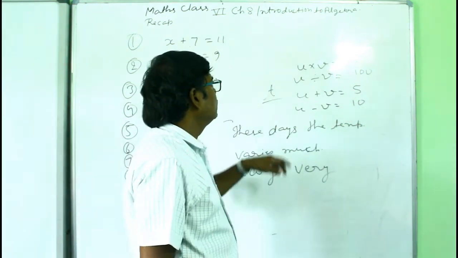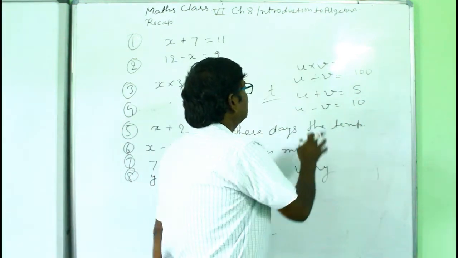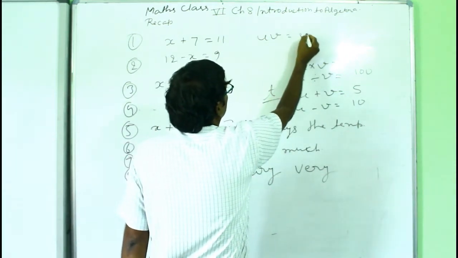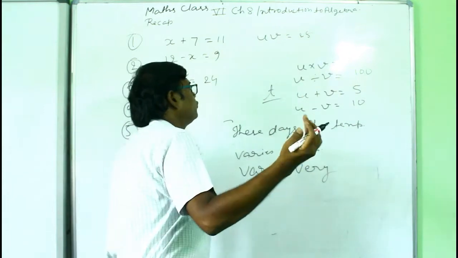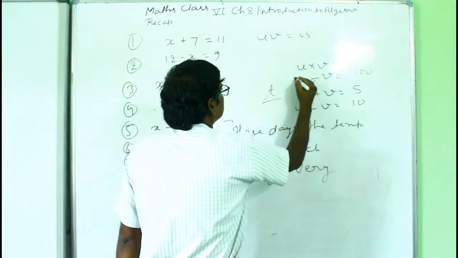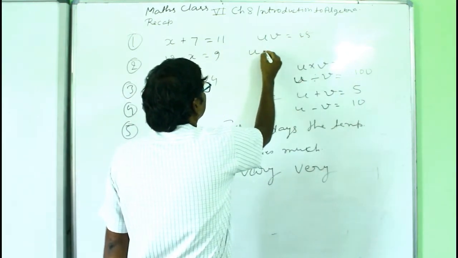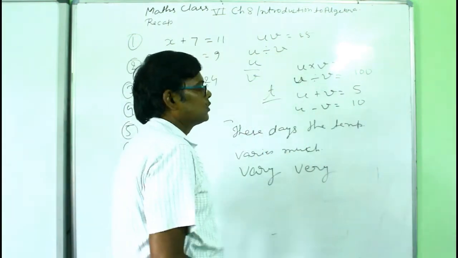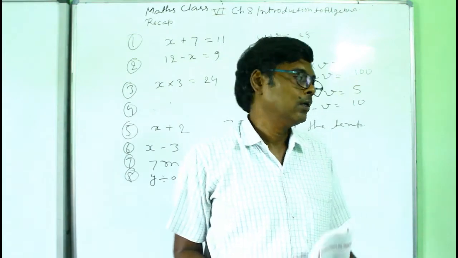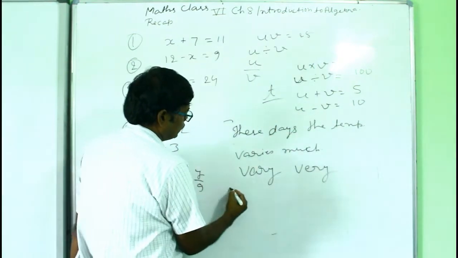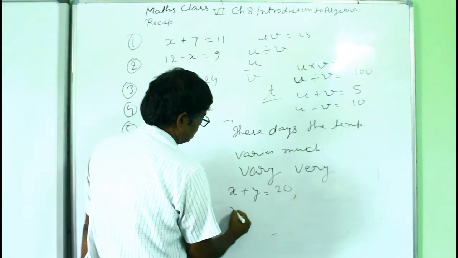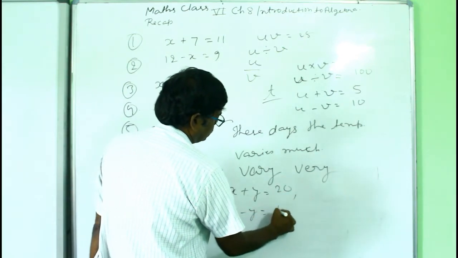So here u into v, we don't write the symbol. U into v, we write only uv. Okay, equal to 25. uv means u into v, and when you write u divided by v, this will be u by v. Okay, so we can use x, y here. Again, if you write the sum of two numbers, x plus y equal to 20, and the difference, x minus y equal to suppose 100.